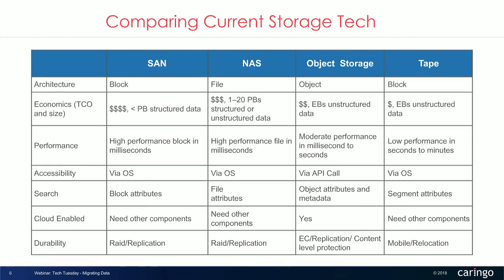It's very easy to enable cloud-enabled object storage, like we said earlier, with RESTful calls based on the HTTP protocol. You're speaking the language of the web, so cloud enablement is basically built into that type of solution. And then finally, you have durability, where you have multiple protection schemes to choose from, be that EC, which is erasure coding, or protecting your data with multiple copies of it within the storage cluster.